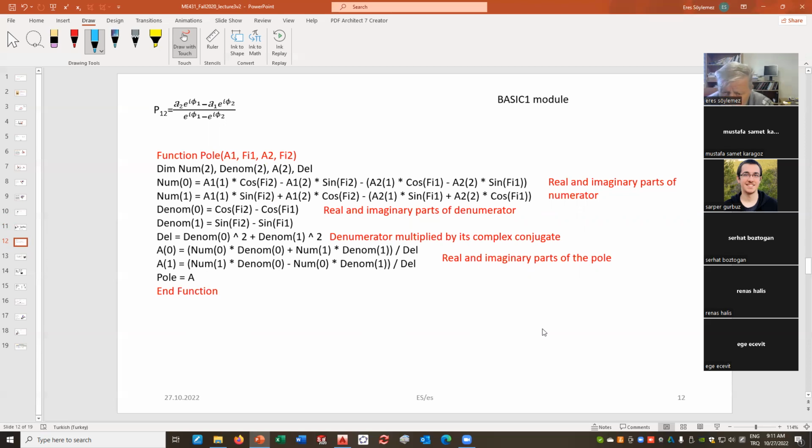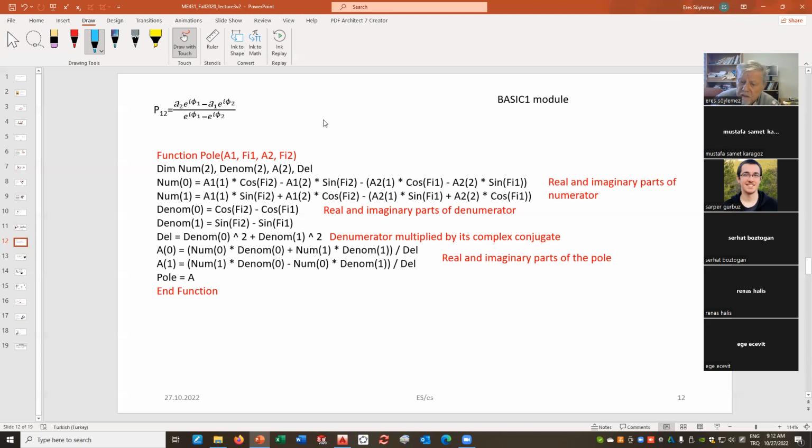In case of Excel, there is complex numbers, but it is not that elegant. So rather than solving this equation over and over, I wrote a simple function routine. You can follow this function routine very simply to determine the location of the pole in the fixed frame, sorry.